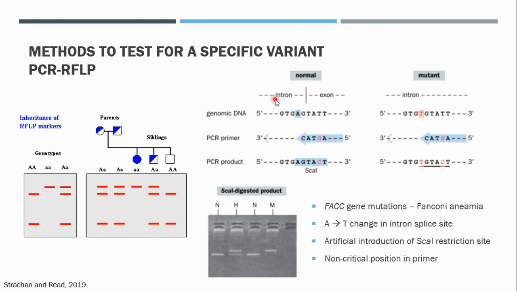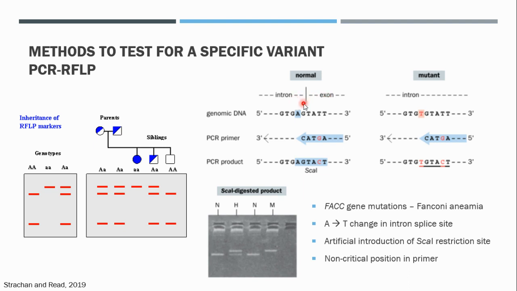Here we have an individual with Fanconi anemia. And in Fanconi anemia, there's a SNP in the FACC gene. And this region shows the SNP, which is an A to T transition at an intron and exon boundary. And this SNP prevents the removal of this intron.